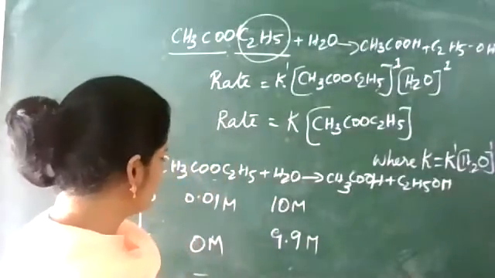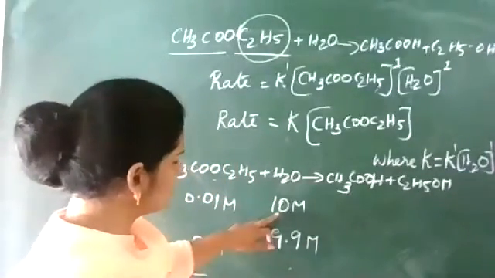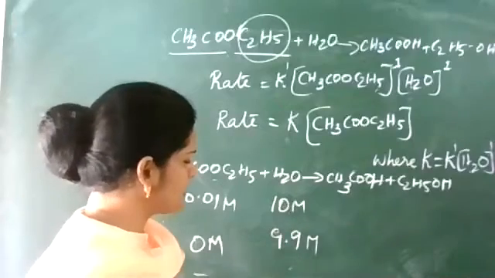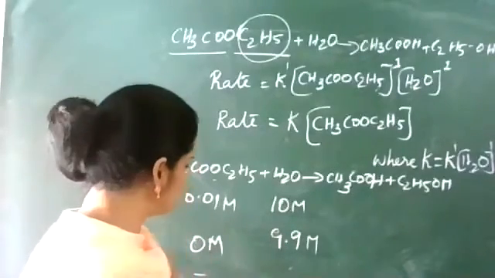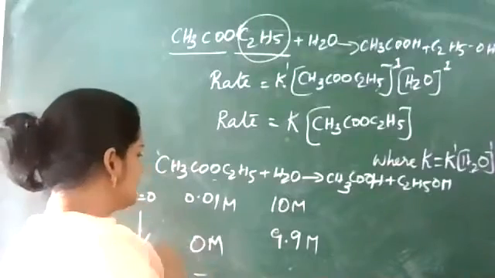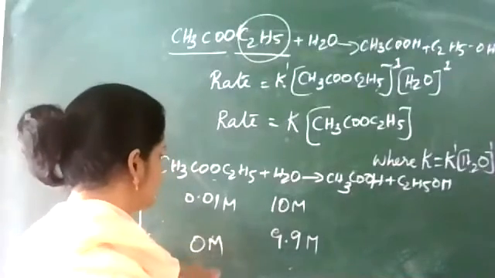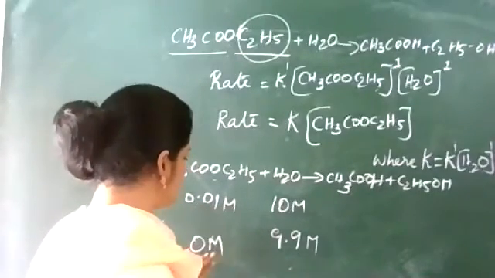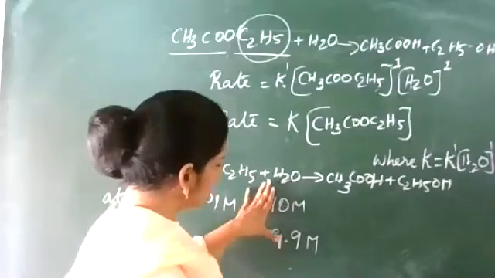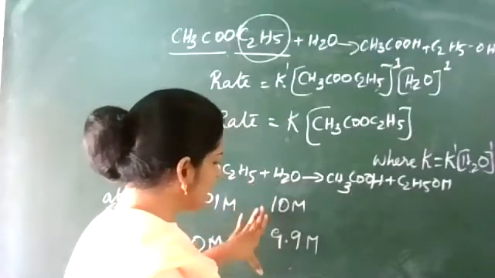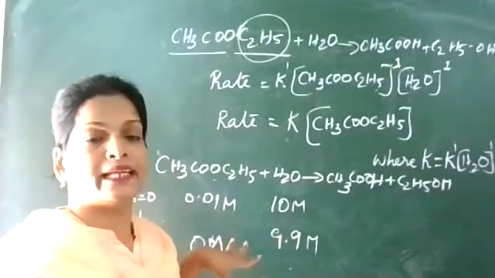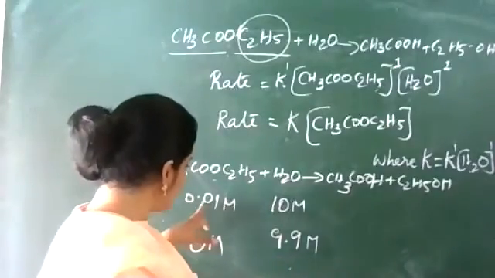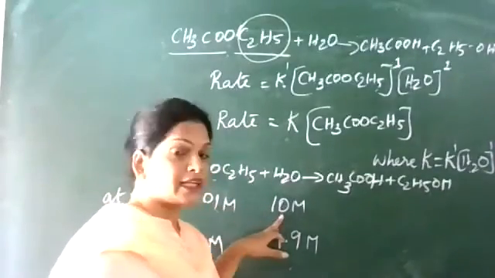Now you see, compared to 10 and 9.9, there is not much change in water. But for the ester there is a change from 0.01. So if water is in excess, we don't consider that change.